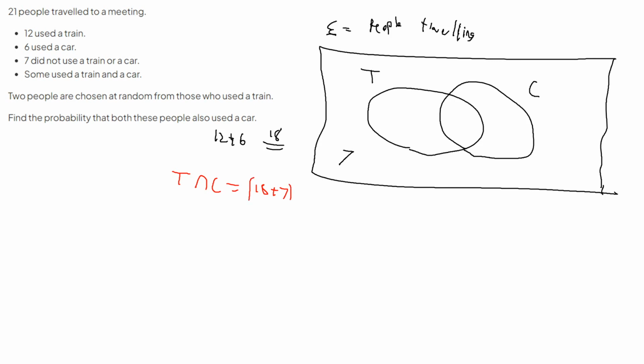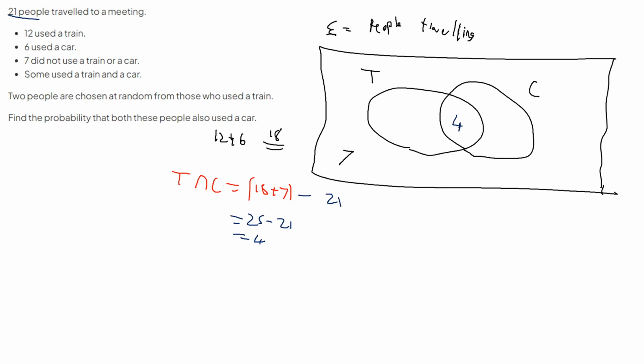Because that's the total, minus however many is actually the total, which is 21. So that's just going to be 25 minus 21, which is equal to 4. So this is going to be 4 people.